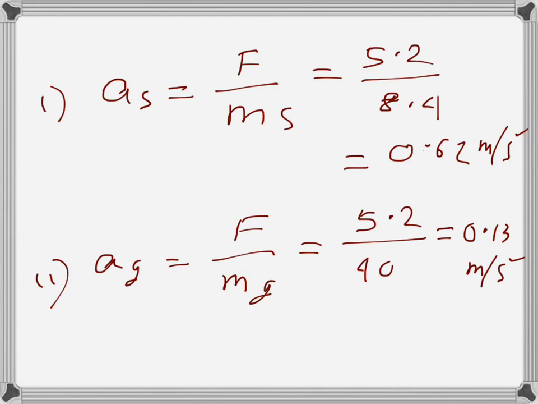Now we need to find how far from the girl's position do they meet. Both the girl and the sled will have an acceleration. So if we recall this formula, s is equal to ut plus half at square, we have the distance traveled by an object when we know the acceleration, the time, and initial velocity.